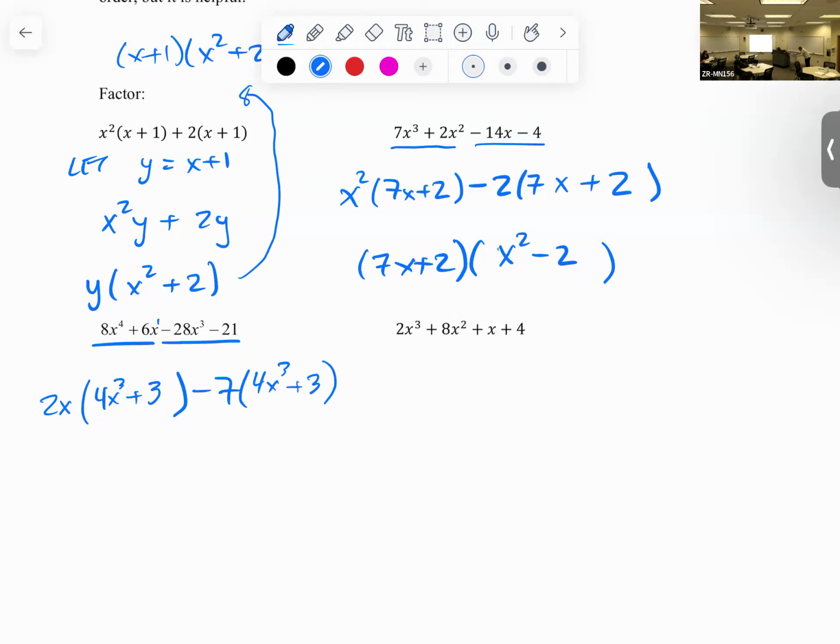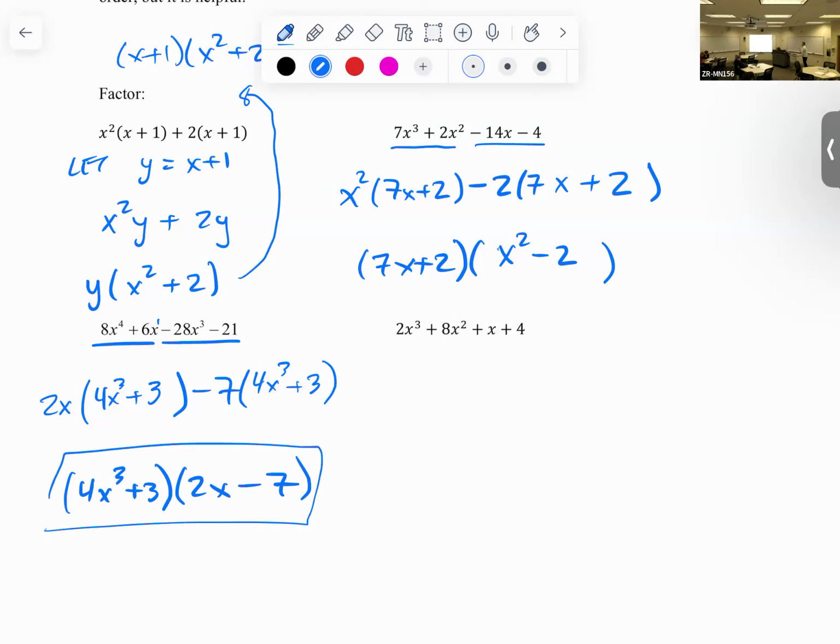I pull it all the way out once again, 4x cubed plus 3, -2x minus 7. And again, be aware that you can box that back together and you always should to verify. I always just like to make sure that I'm doing it correctly the first time. Till you guys are pro, till you do all the practice problems, all the home fun and all the optional home fun problems, you should check your answers, okay?